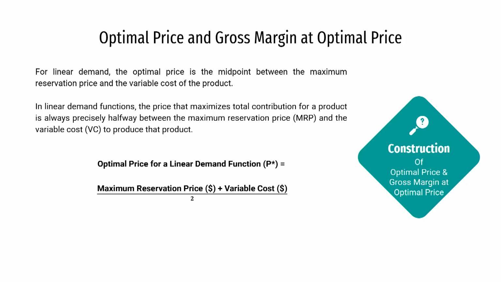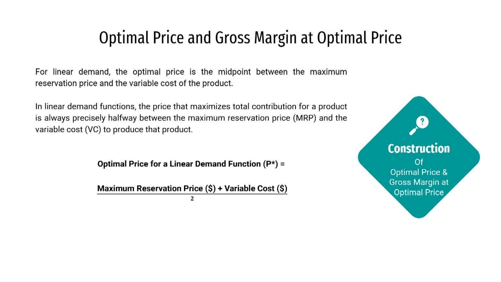Now, let us look into the equation for determining the optimal price for a linear demand function, where we know the maximum reservation price and the variable cost of the item. For linear demand, the optimal price is the midpoint between the maximum reservation price and the variable cost of the product. In a linear demand function, the price that maximizes total contribution for a product is always precisely halfway between the maximum reservation price and the variable cost to produce that product.